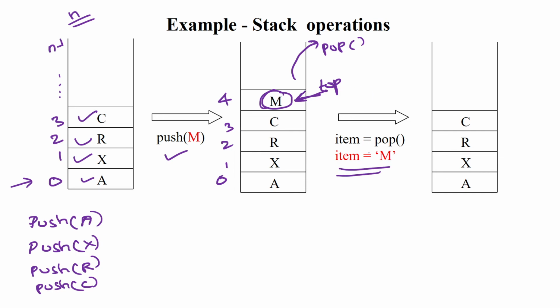After calling the pop method, we have the stack in this structure. M is removed, and we have the remaining elements: A in the zeroth location, X at the first location, R at the second location, C at the third location. This is the top element as of now in the stack.